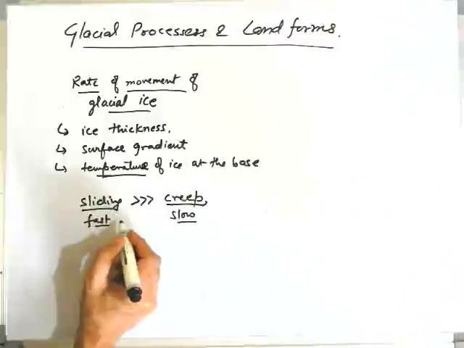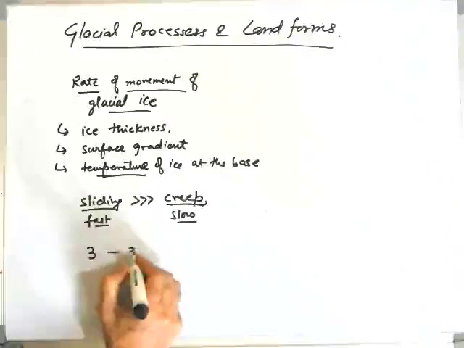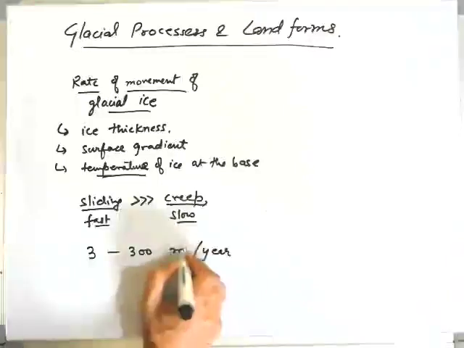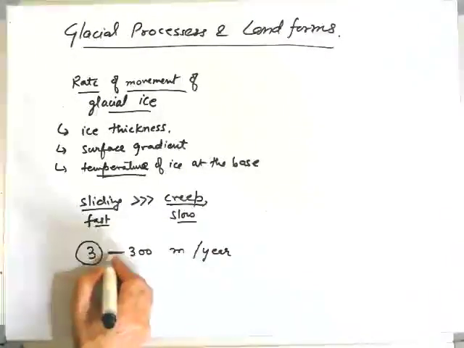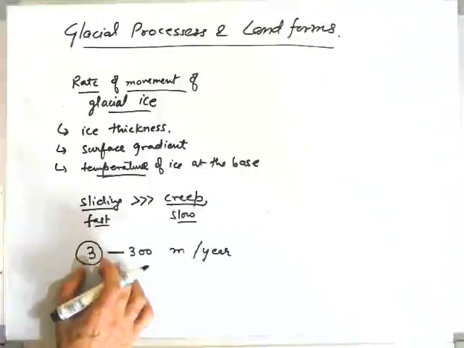So the typical rates may be 3 to 300 meters per year. Those glaciers that are dominated by creep will obviously be cold based glaciers.